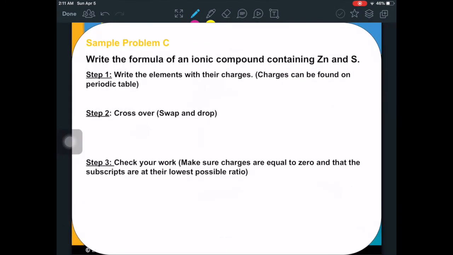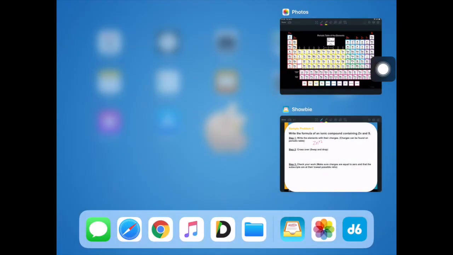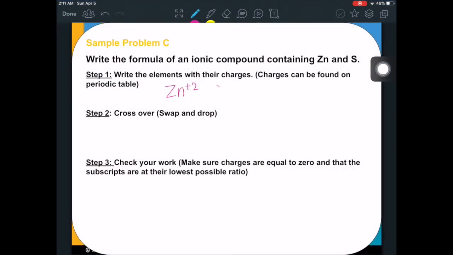Zinc and sulfur. So I already know that zinc has a charge of +2. Let's go and find sulfur. Where is sulfur? Sulfur is right here, so it has a charge of -2, right? So I'm going to go here. Sulfur has a charge of -2.